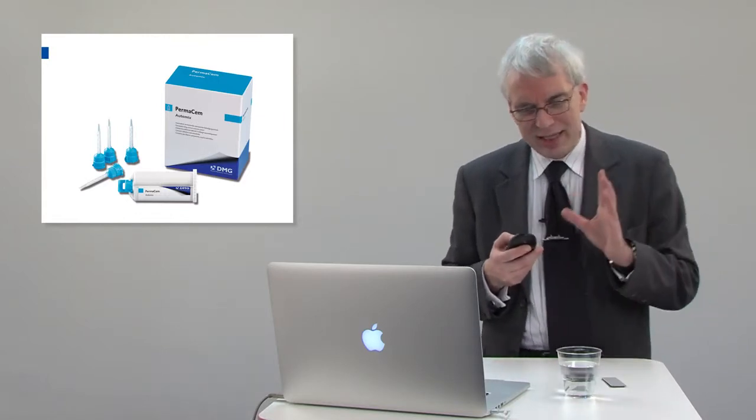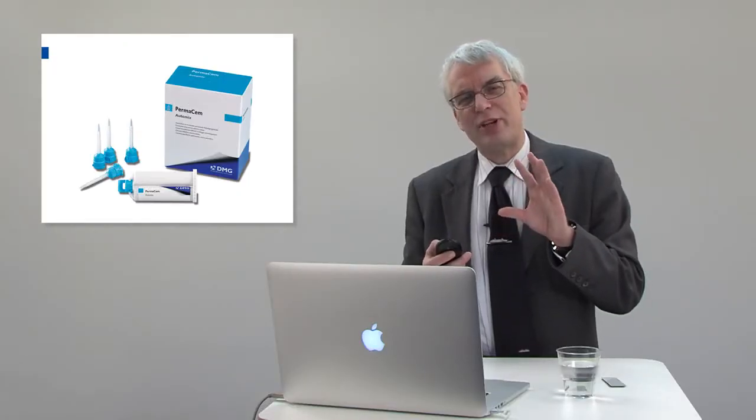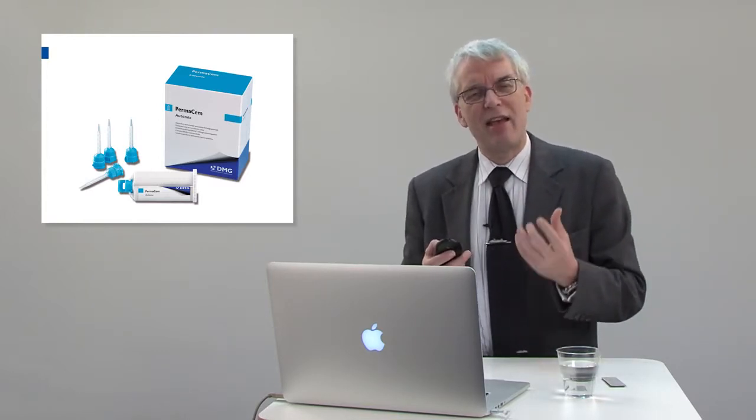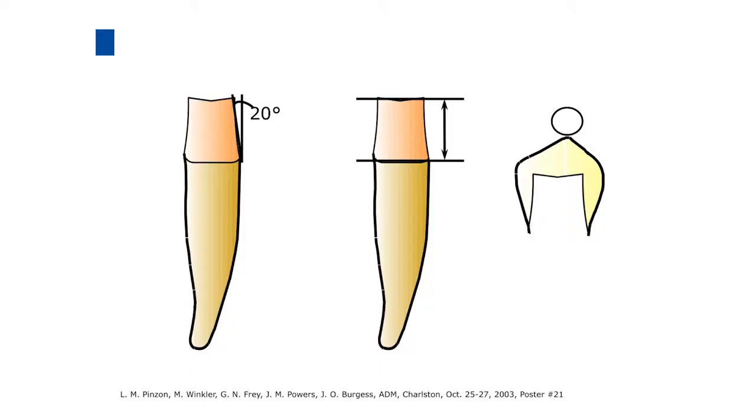And to show you this a little bit, let me explain a bit more about PermaCem, the predecessor. So PermaCem is already a resin cement, which means it has higher initial strength and it's more aesthetic. But to try out what it's about adhesion, we created the same type of crown fitting.